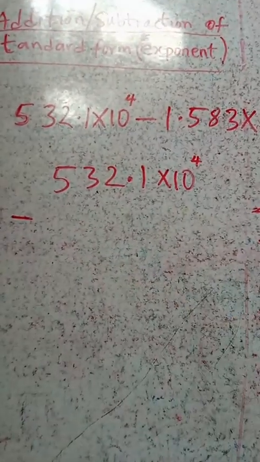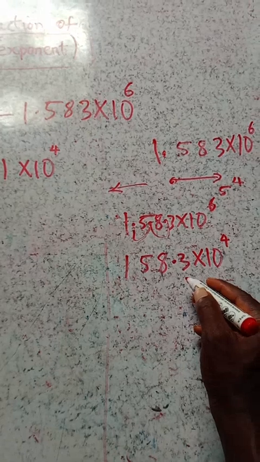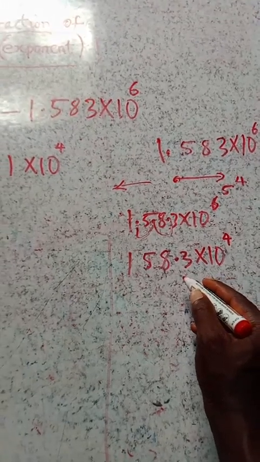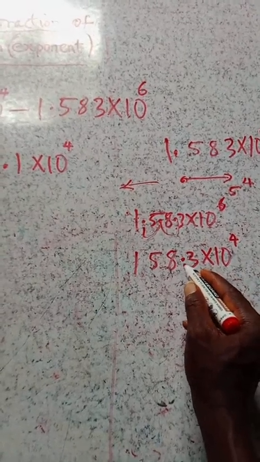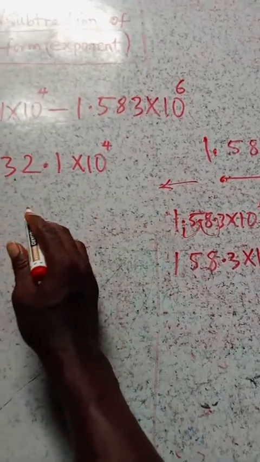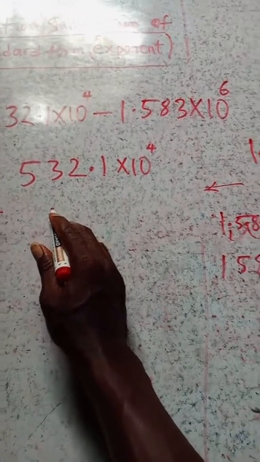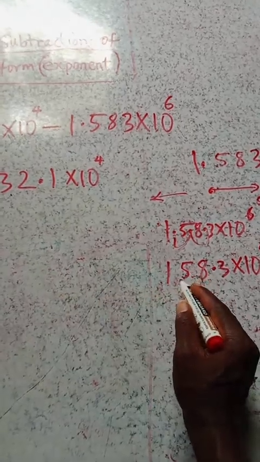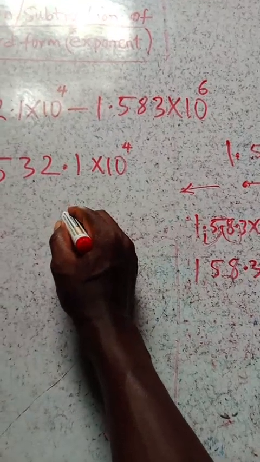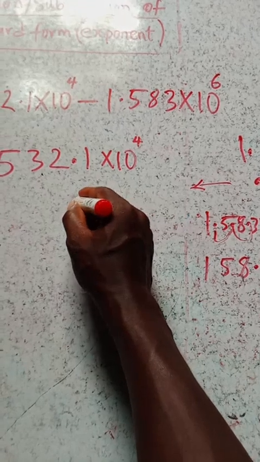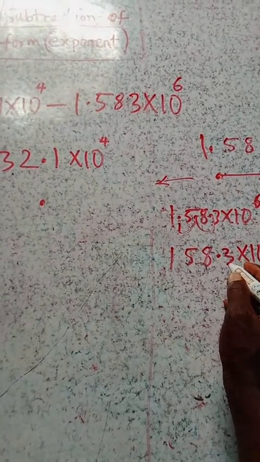Since we are subtracting, we ensure that the decimal point corresponds to this other number. Here we have the decimal point, so we are going to write the decimal point here so that we will not make a mistake about where the decimal point is written.